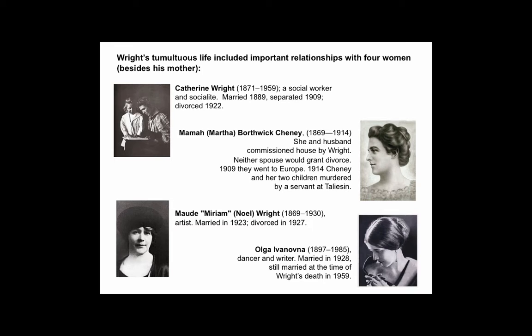Now, Wright had a tumultuous personal life with several women. So Catherine Wright was his wife for 20 years, 6 kids. He left her to run off with Ma Cheney.